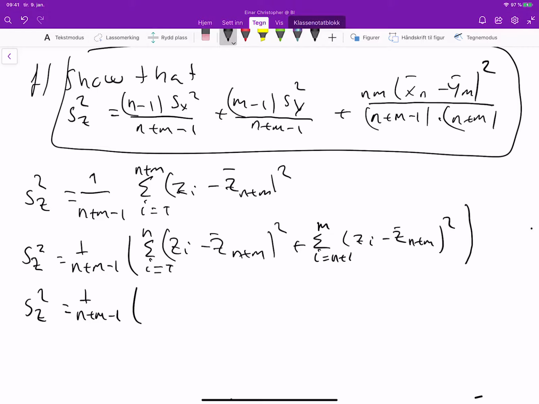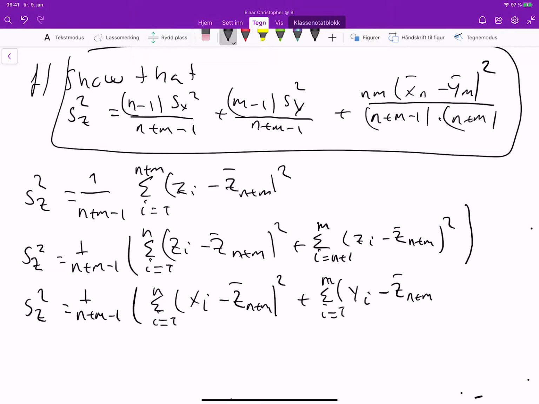So this is nothing else but the sum i equal 1 to n of x_i minus the constant z bar n plus m in the power of 2, plus, and when i goes from n plus 1 to n plus m, we know that this is actually the same as the sum i equal 1 to m of the y_i's minus z bar n plus m in the power of 2. Okay, so far so good.